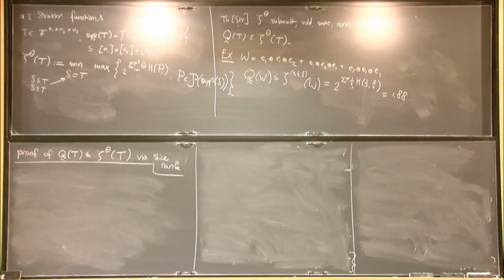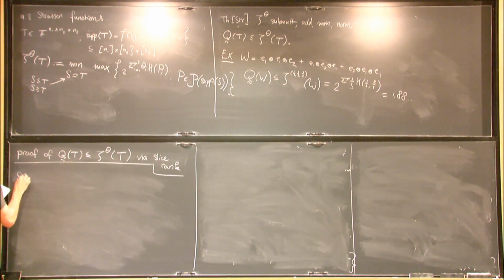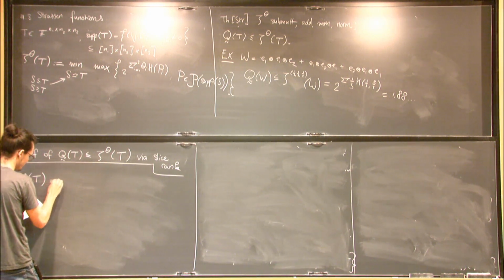So first I want to define slice rank of a tensor. It's a nice definition, and I also wonder if there's a more general notion of slice rank in all the other settings that you could think of in the context of asymptotic spectra. For tensors, it's defined as follows.